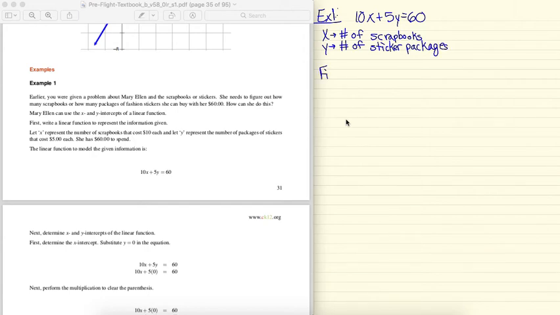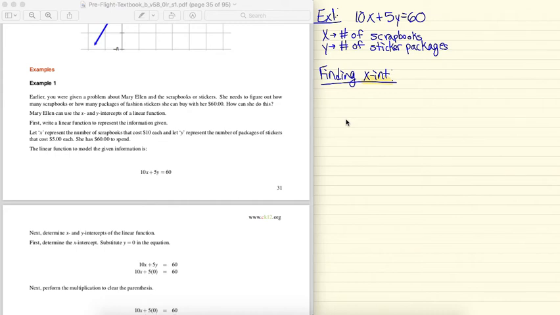So first, finding the x-intercept. And instead of writing out the full word intercept, I'll usually shorthand it to be INT, which is why you don't see me have the full word written here.